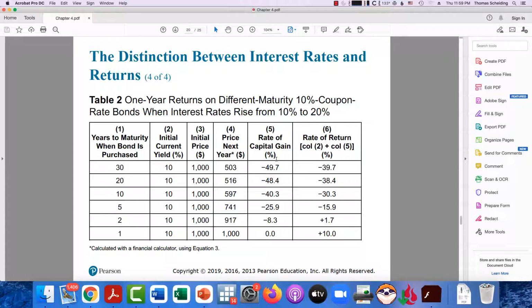And we're saying that for that bond that's going to mature in 30 years from now, that I paid $1,000 for, 1 year from now, that bond is going to be priced at $503.